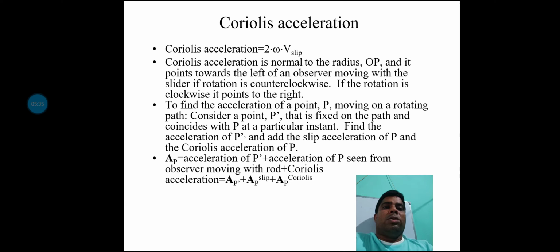The Coriolis acceleration is normal to the radius OP and points towards the left of the observer moving with the slider if the rotation is counterclockwise.